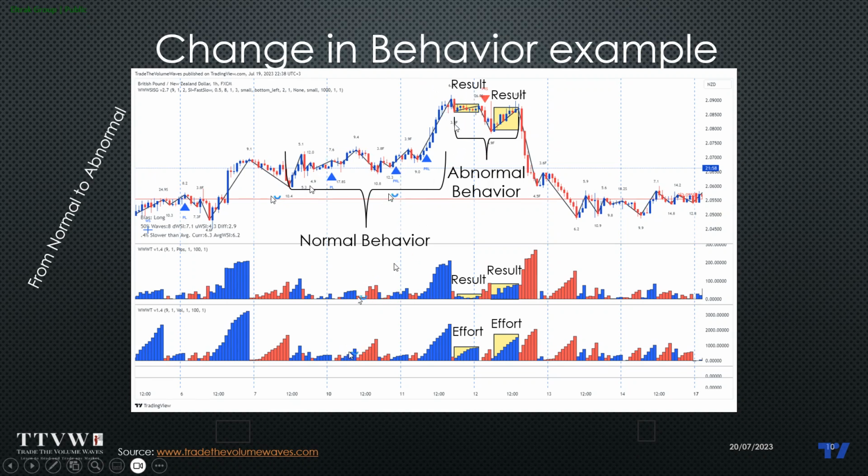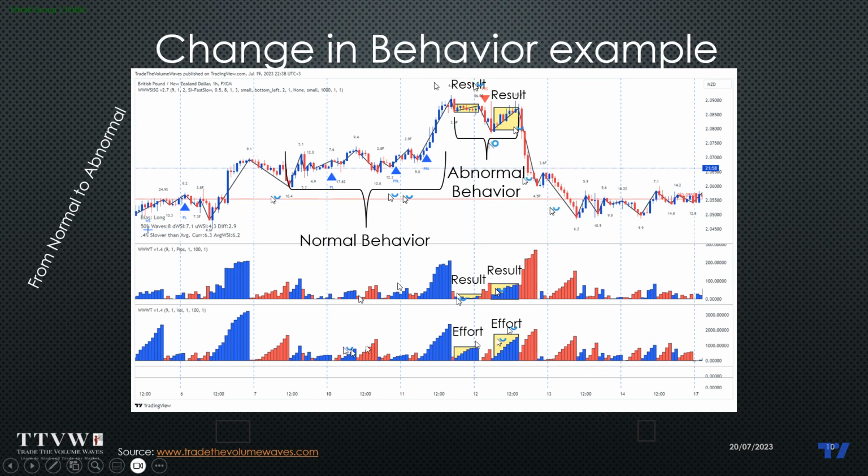But up here, and this is a trend change, we got an abnormal behavior. So that was the effort and that was the result. And that was the effort and that was the result. Okay, so this was an abnormal behavior and that's why we started trending down. So we went from a normal to an abnormal behavior.